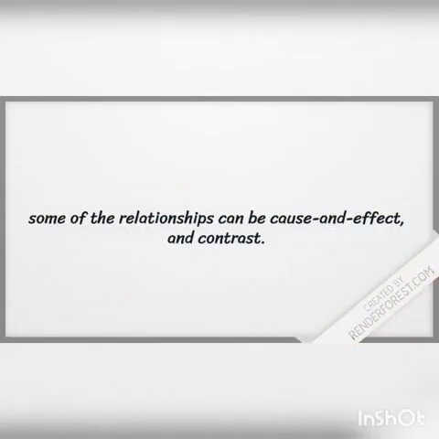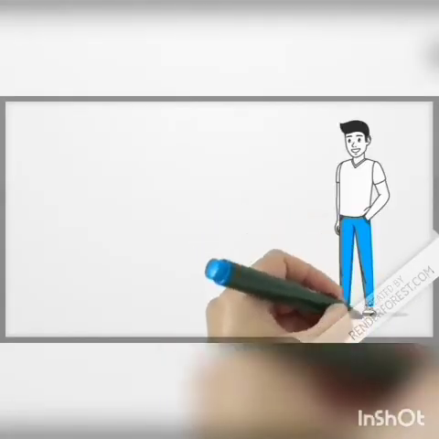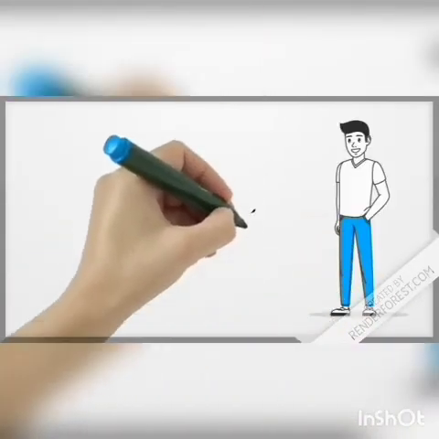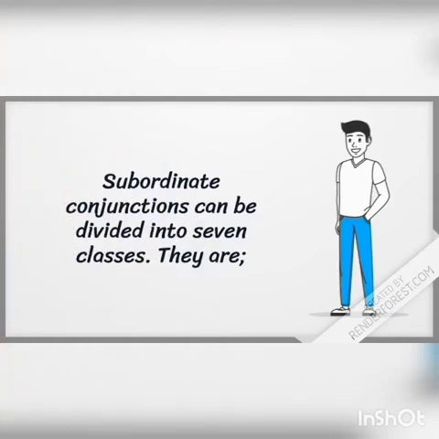So when we talk about subordinate conjunctions, I told you they show the relationship between an independent clause and a dependent clause. The relationship can be cause and effect, and contrast also. Now let's go straight to the subdivision of subordinate conjunctions.